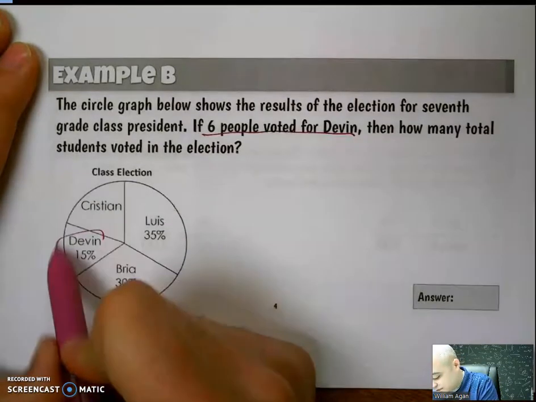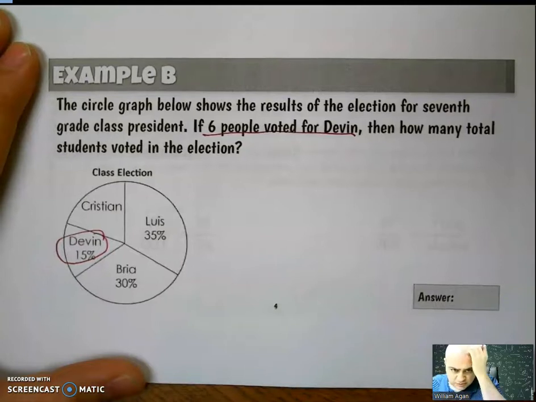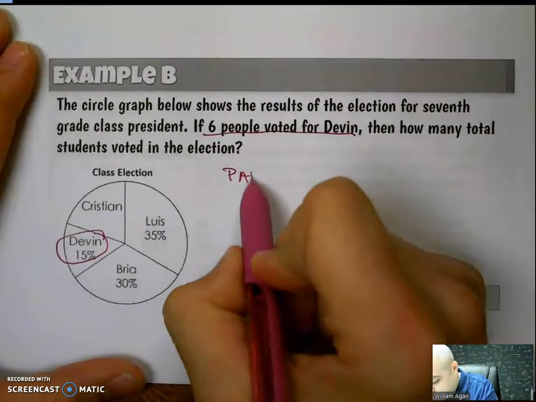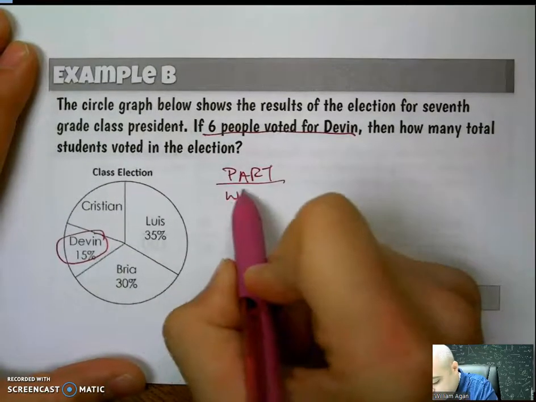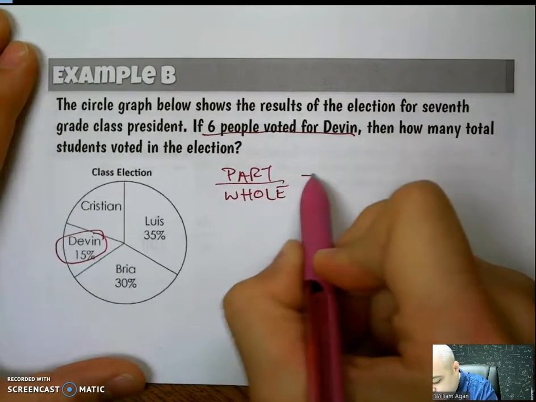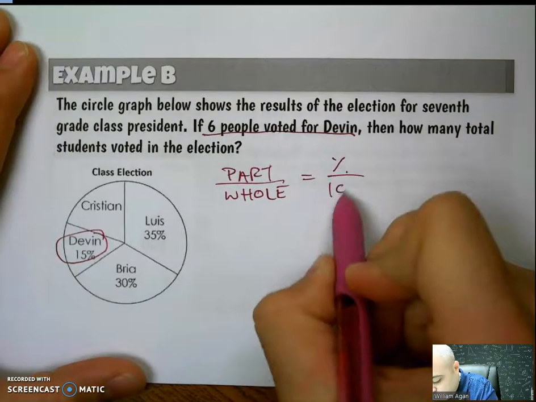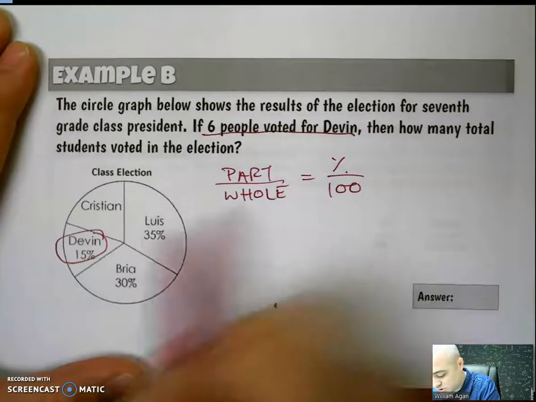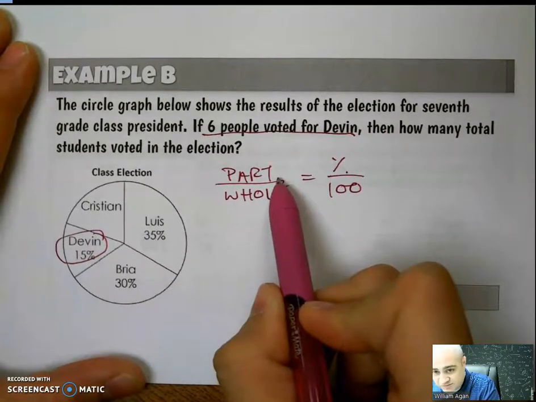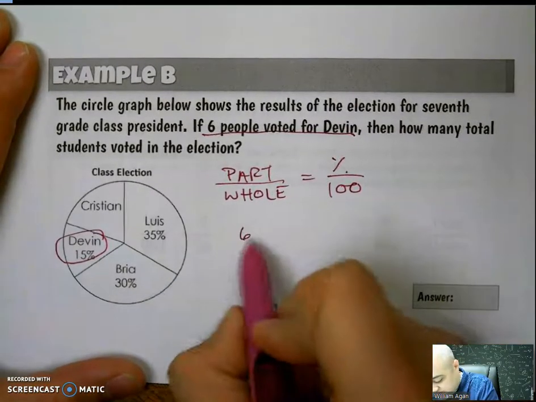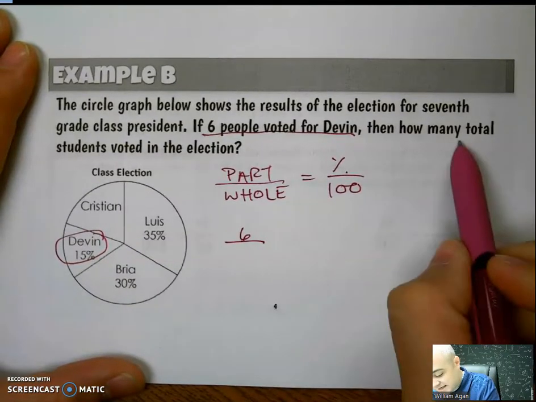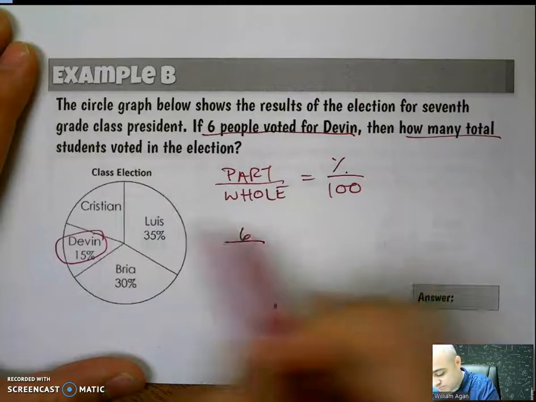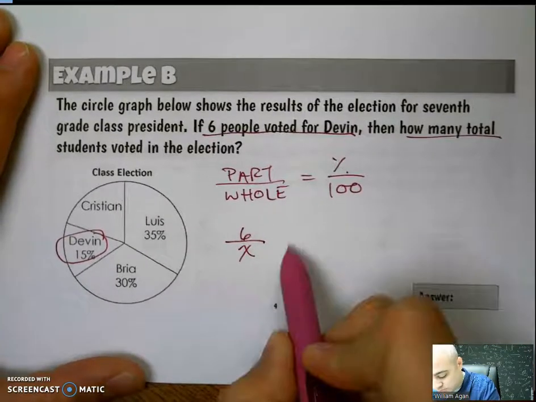Okay, so Devin is right here. He had 15%. So we use our percent proportion. Part out of whole equals percent over 100. It says 6 people voted for Devin, so that's the part. So that's 6 over, and we don't know the whole. That's what they're asking us: how many total? That's what we're trying to find, the whole.